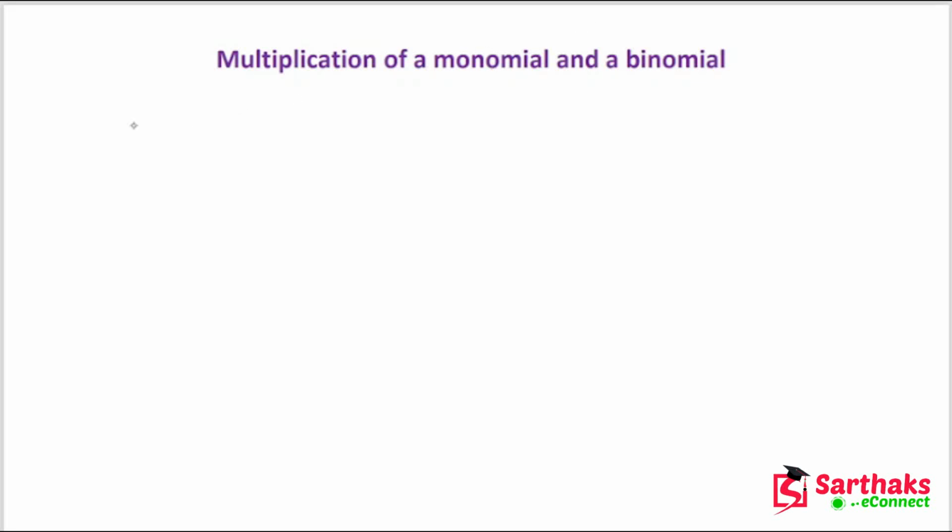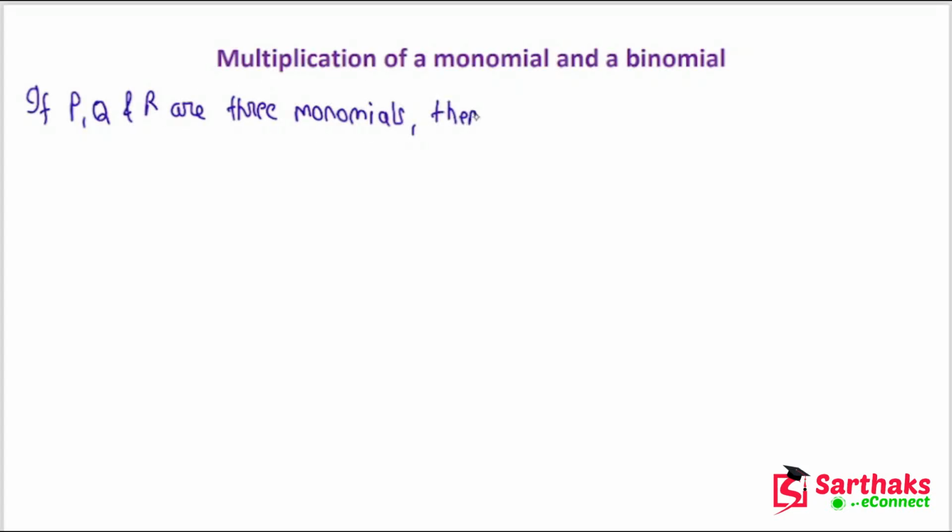So if I have to write in a symbolic form, I can say that if P, Q and R are three monomials, then we are representing them by symbols.